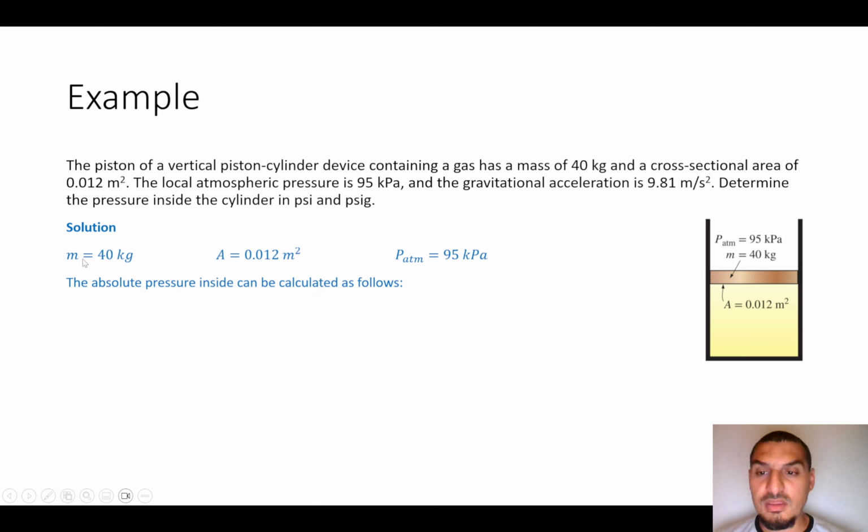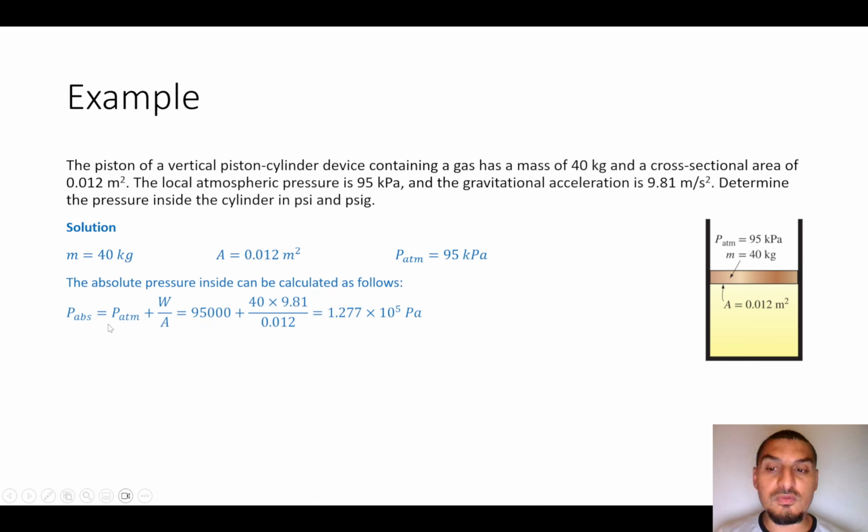So the absolute pressure is the atmospheric pressure plus the weight over area. The weight is mg, and the area is already given. We substituted with the pressure in Pascal to make the units homogeneous. So this is the pressure in Pascal. Of course, this is the absolute pressure because we included the atmospheric pressure in this part.